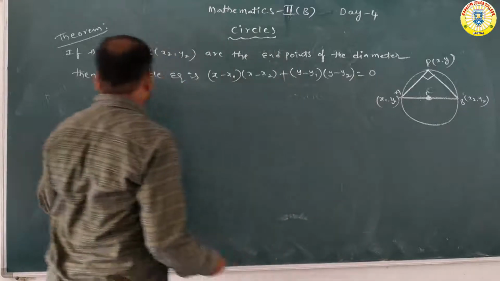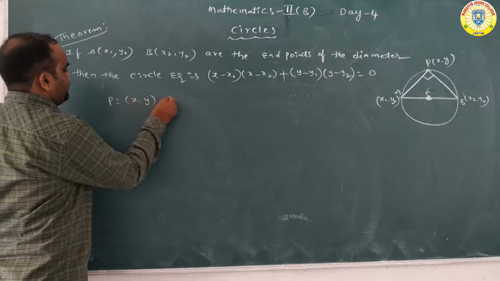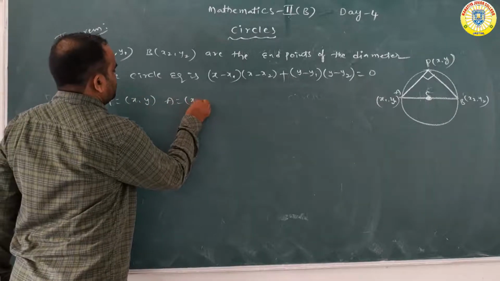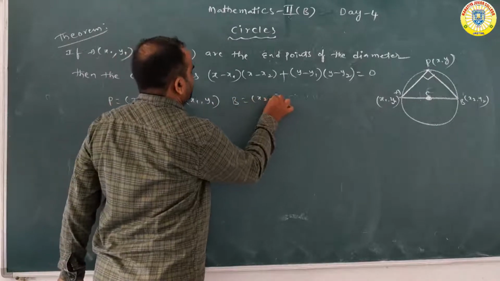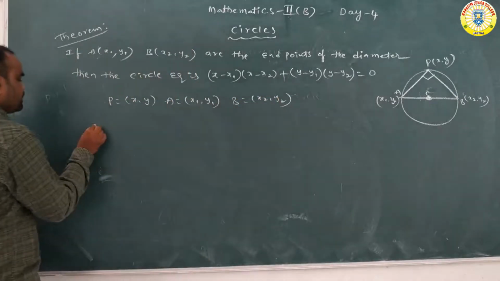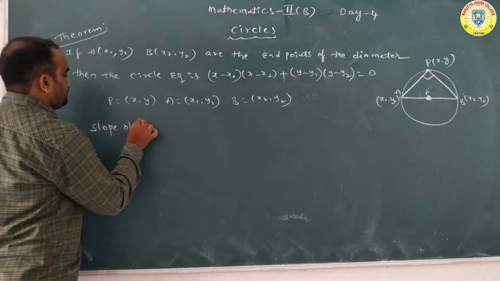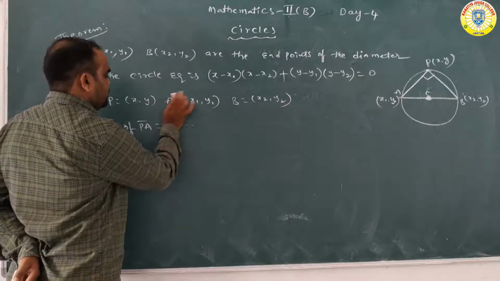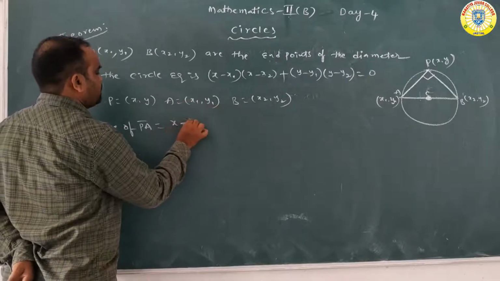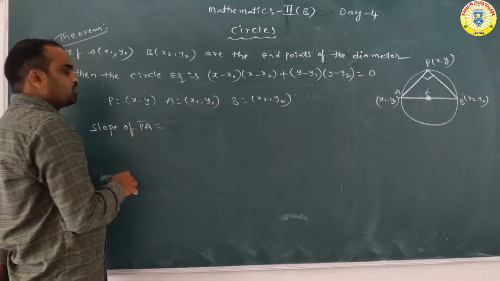Here P = (x, y), A = (x1, y1), B = (x2, y2). First we are finding the slope of PA. The slope is the difference of the y coordinates by the difference of the x coordinates.